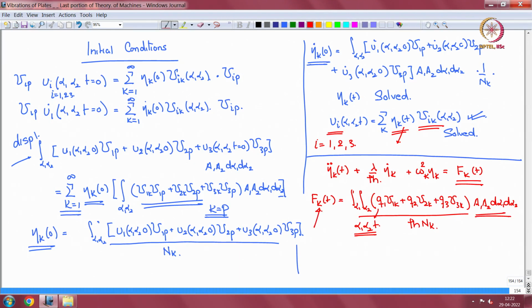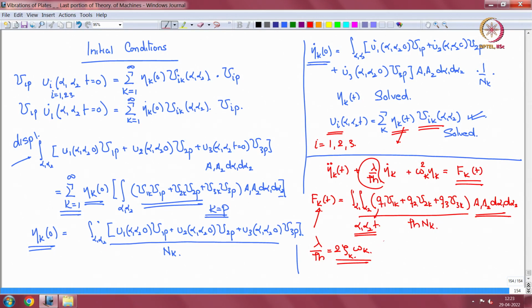Now, to put it in some familiar form, we say that lambda by rho h is twice zeta k omega k. This is a familiar form from 1D lumped vibrations.